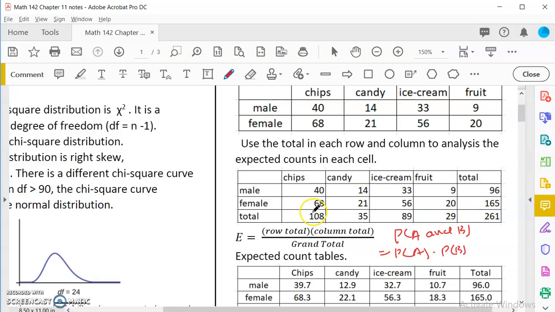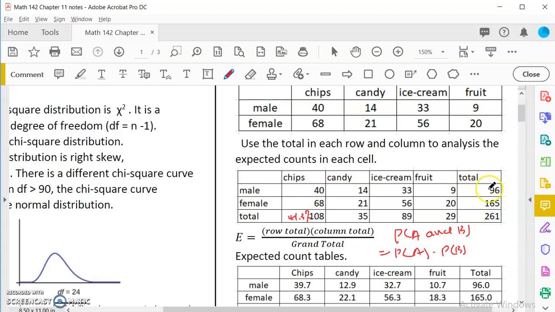Now we can look back at this. What is the chance that someone will choose chips out of a total of 261? So you would do 108 over 261, right? Out of the total, the people that choose chips is 41.3%.